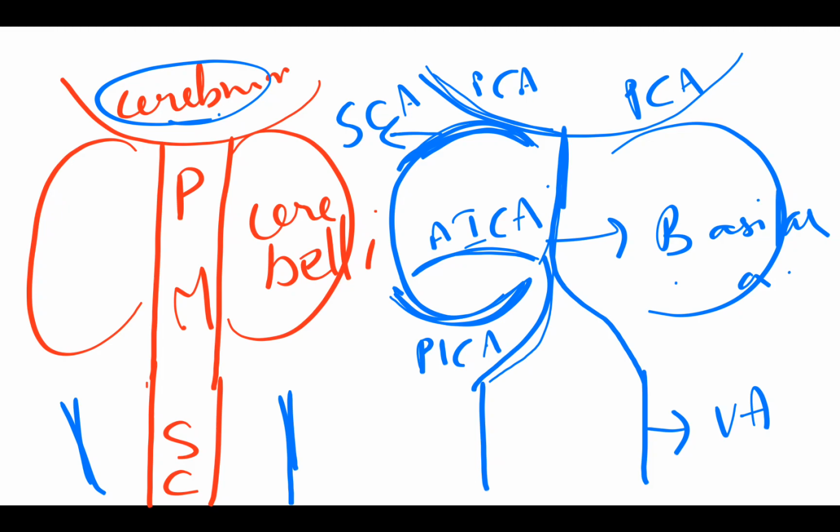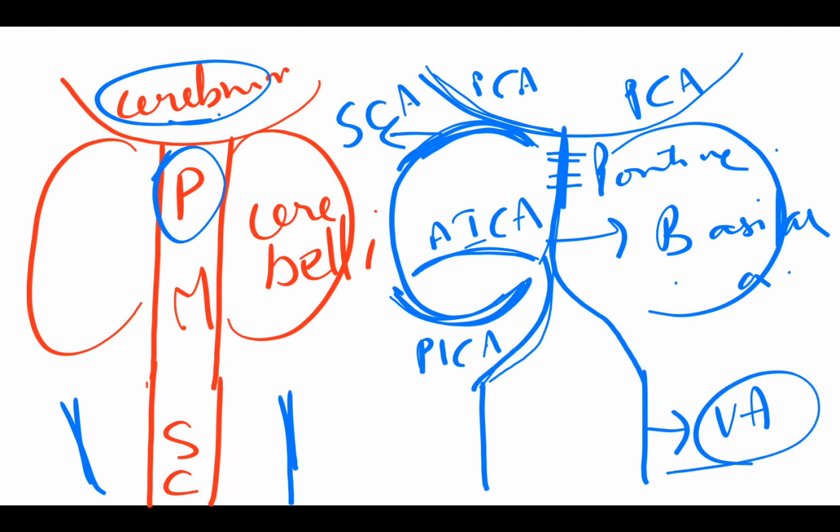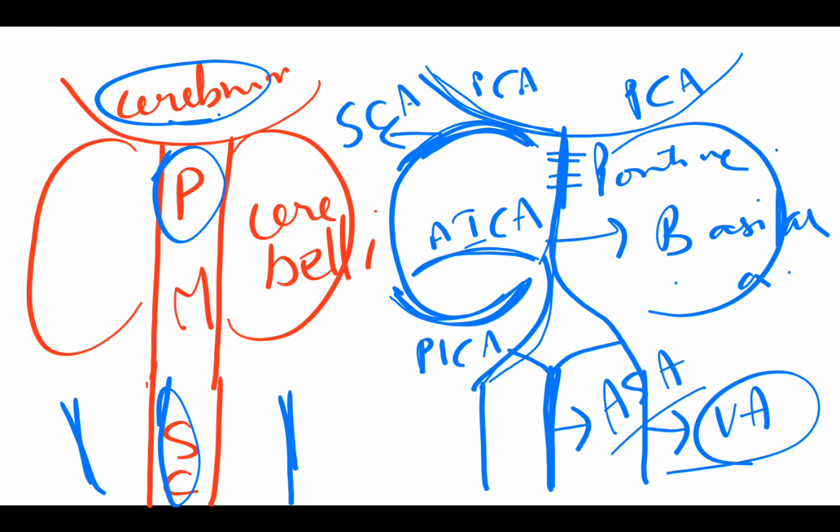Okay, and the basilar artery, because this is the pons, right, as you can see here, so it will give out some pontine arteries as well. Okay, and then these vertebral arteries here, they give out into the spine, because we have a spine here. So this artery comes off into the spine with the name anterior spinal artery.